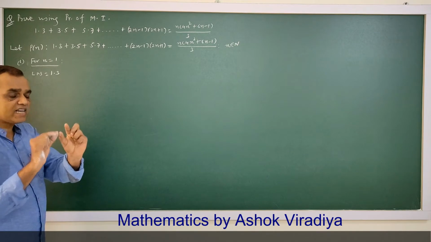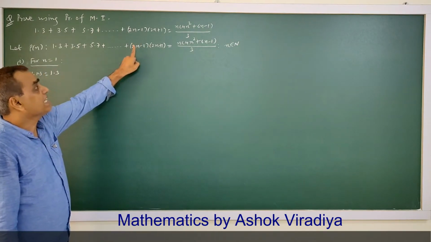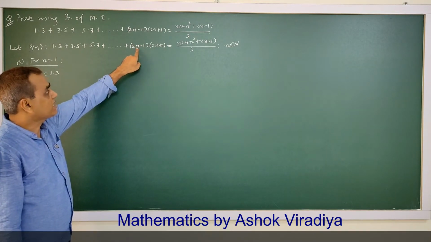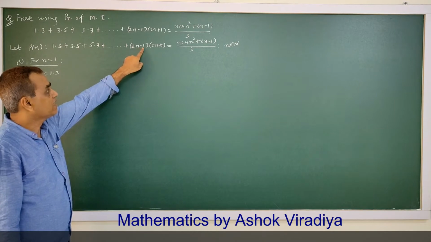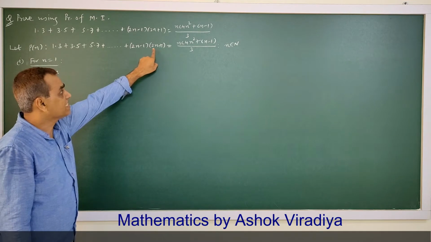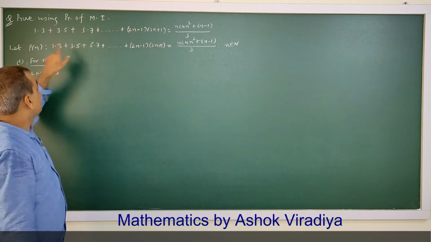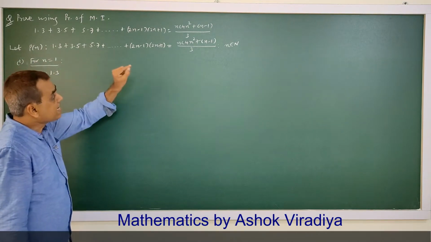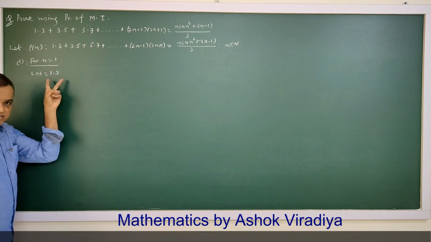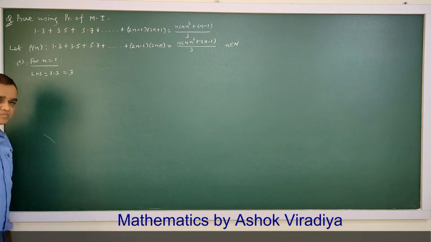Now the last term is obtained by putting n equal to 1 here. So 2 into 1 minus 1, that is 1, into 2 into 1 plus 1, that is 3. So 1 into 3. So we begin from 1 into 3 and end at 1 into 3. So the beginning is the ending. So LHS is 1 into 3 only, that is 3.